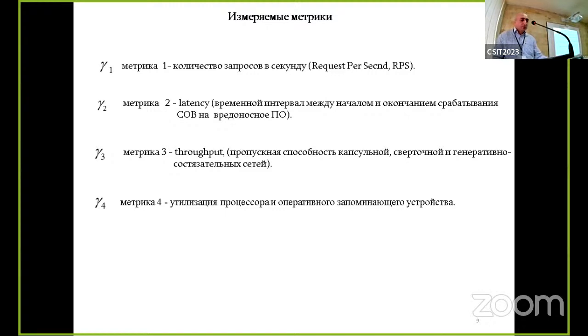Второе – временной интервал между началом и окончанием срабатывания, потому что система обнаружения вторжений работает не standalone, а в комплексе: если одна обнаружила, система должна передавать данные на другую. Это комплексное решение. Третье – пропускная способность самих нейронных сетей, не системы, а самих нейронных сетей. И, понятно, утилизация процессора и оперативного запоминающего устройства.